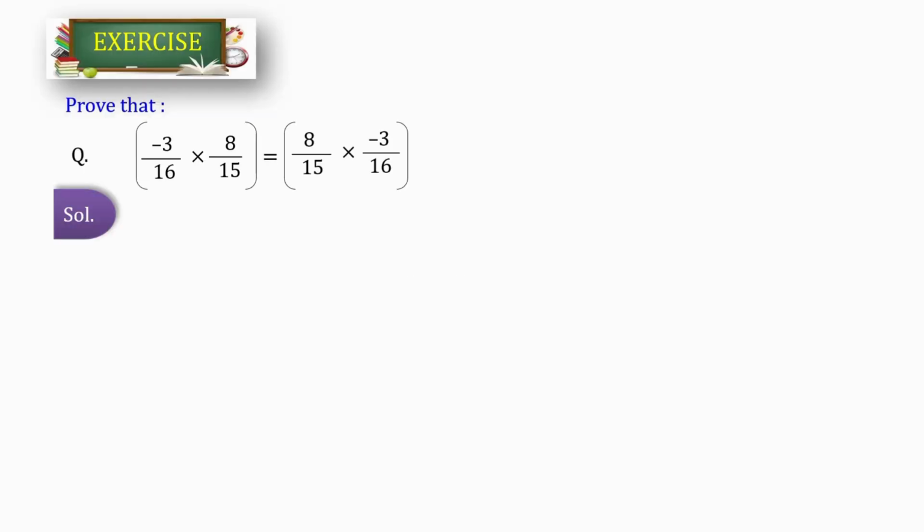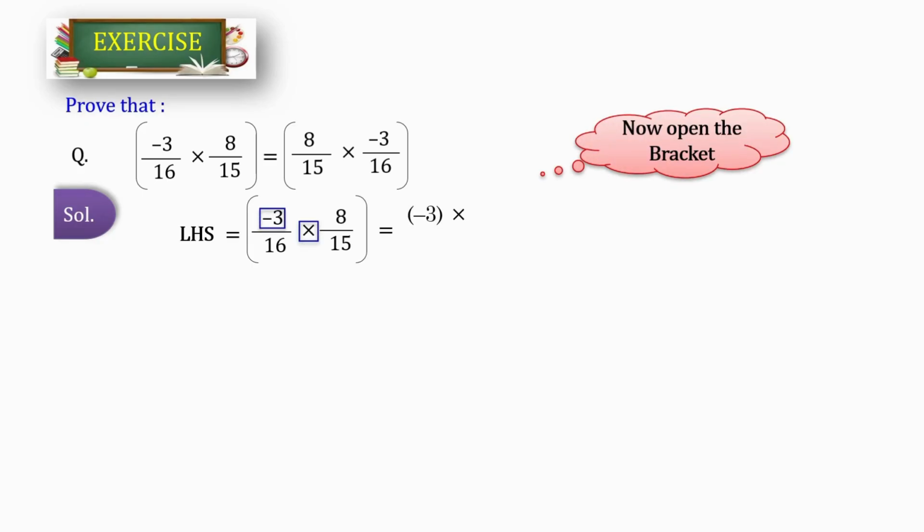Now let's move to module number 13. So here we need to prove that minus 3 by 16 into 8 by 15 is equal to 8 by 15 into minus 3 by 16. So first we have to take the LHS, that is left hand side, and we have to calculate or simplify it.